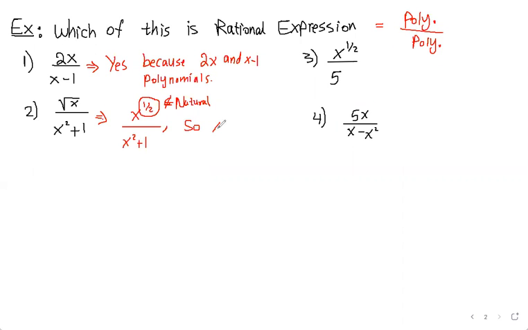To be a polynomial, the exponent must be a natural number or 0. Not a polynomial, so this is not a rational expression.